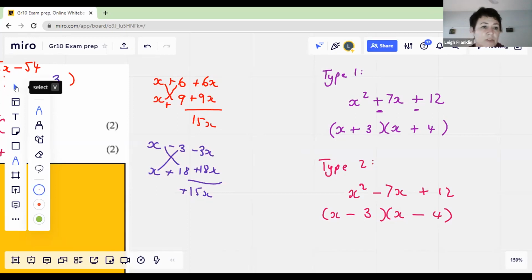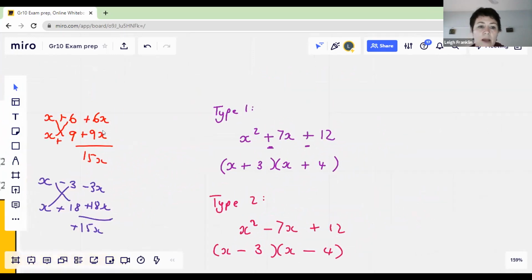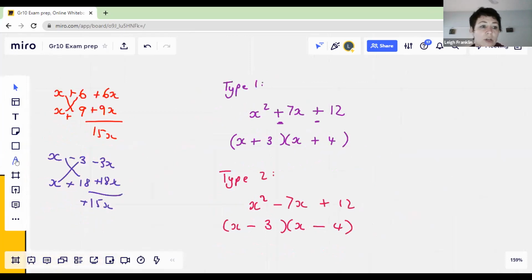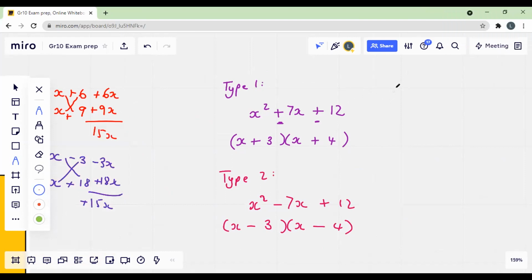Now, let's just clear a little bit more space here and move over. Unfortunately, it's not just this simple. Okay, so now let's use a different color. Type number 3.